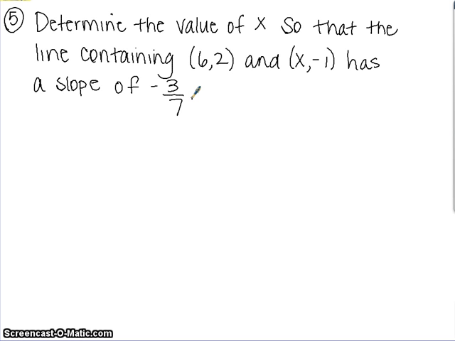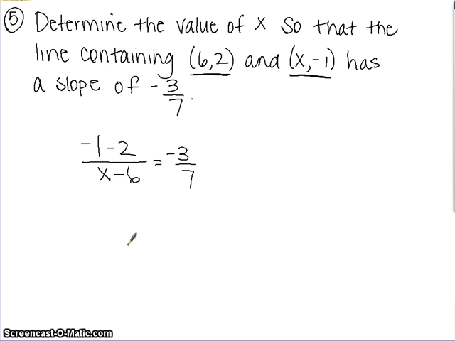All right, so we know that the slope is negative 3/7. Let's set up our slope formula using the 2 points. I know there's an x in there, but let's set it up how we normally would. So the slope is negative 1 minus 2 over x minus 6, and we know that that should equal negative 3/7.